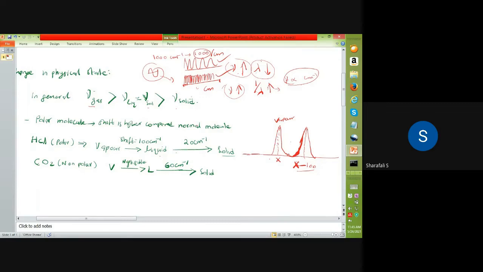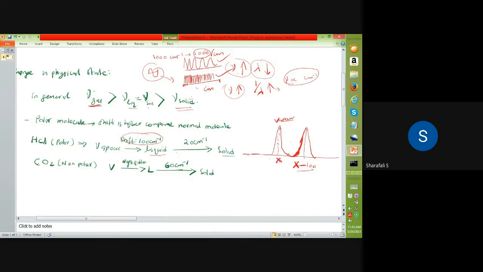Basically, frequency is directly proportional to the wave number. If you have higher frequency for gas, then you will have higher wave number for the gas state, and similarly for solid, it will be less. So if you have a vapor at X position, that is for the HCl molecule, it will have a 100 centimeter change or shift when it goes to liquid, and liquid has a frequency less than that of gas.